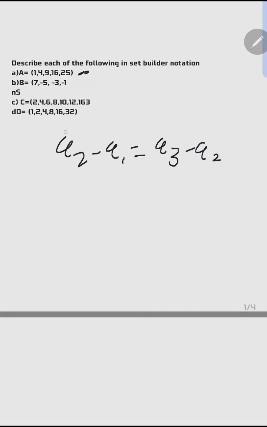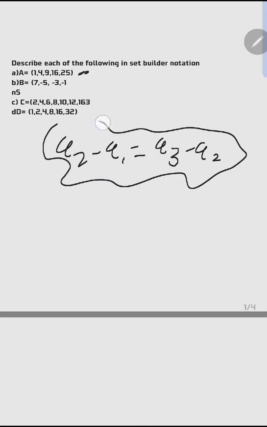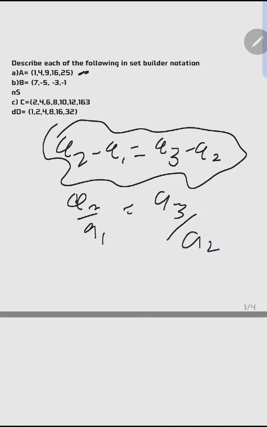If your pattern falls in this range, then this is an AP. Or you check whether A2 over A1 is equal to A3 over A2. If your pattern follows this, then it's a GP. Then if both fail, you have to try out common sense.